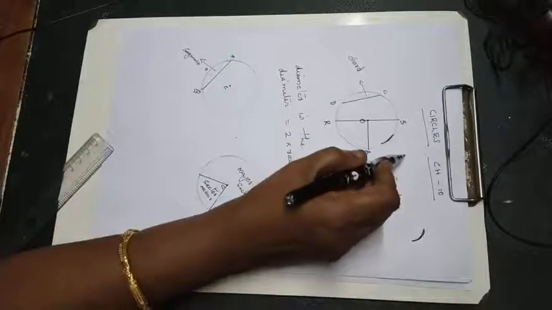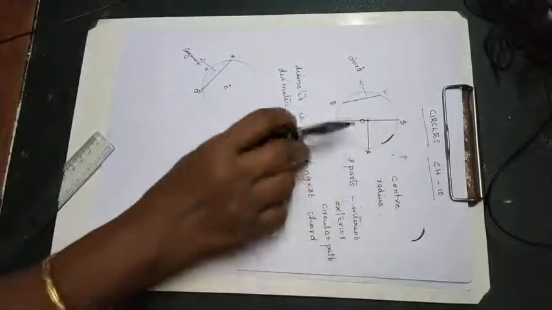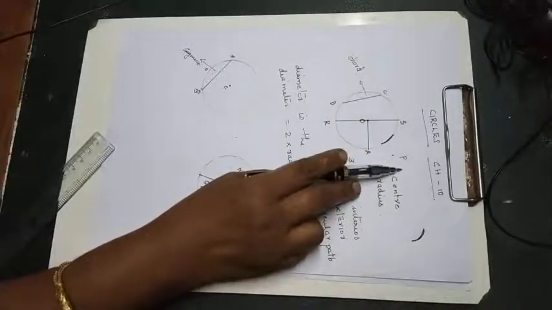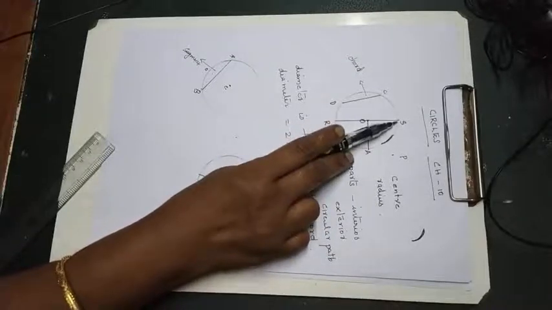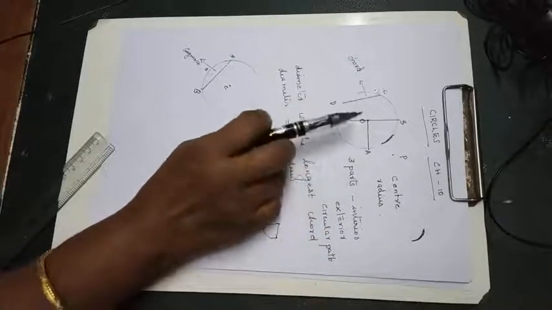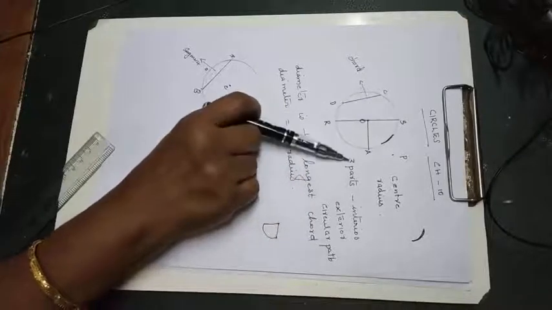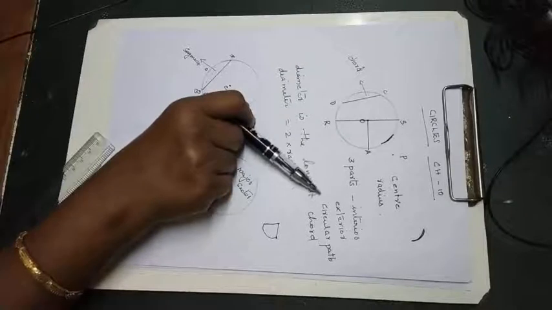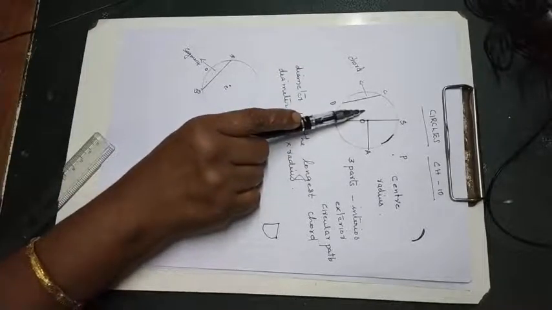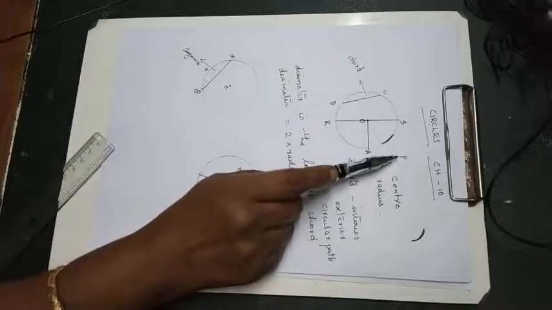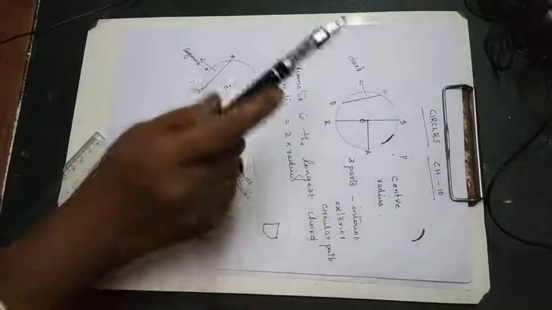When you take another point P, it lies in the exterior of the circle. Points S, C, D, R, A, all these points lie on the circular path. Center O lies in the interior part and P lies in the exterior part of the circle.